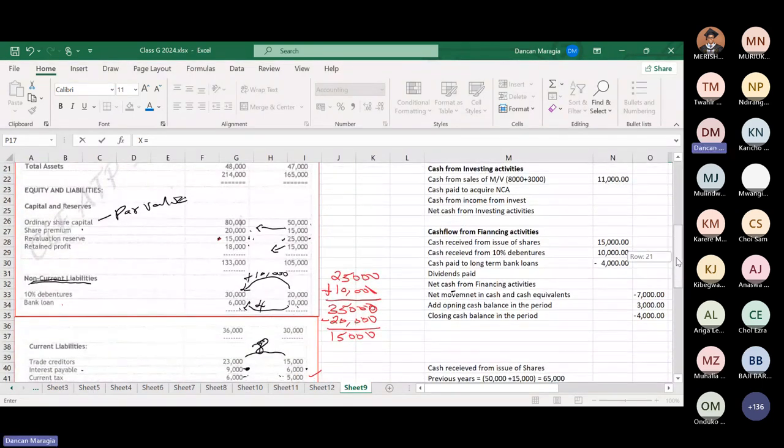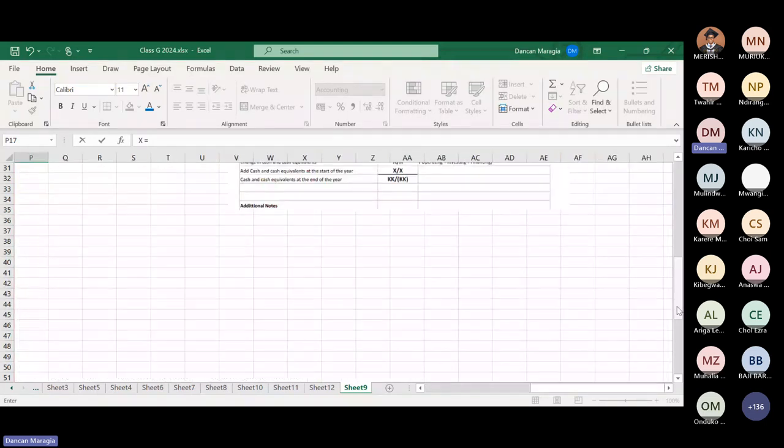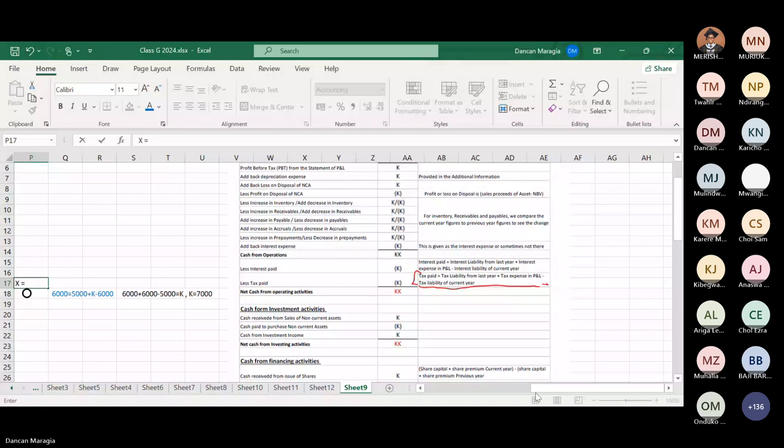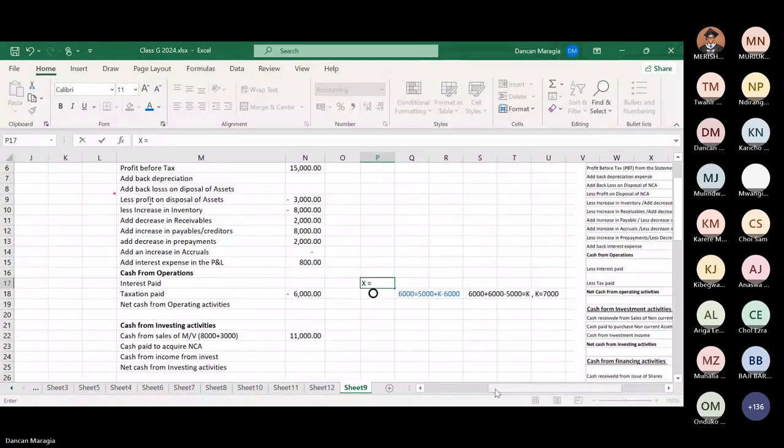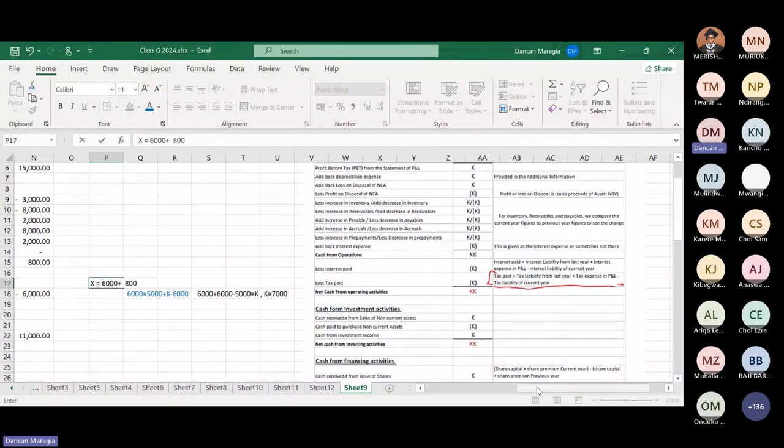Let's check down here. Interest payable from last year was 6,000. Then in the current year is 9,000. So 6 should be equal to 6 plus interest expense in the P&L, how much? 800. Then minus 9,000. What do you get?